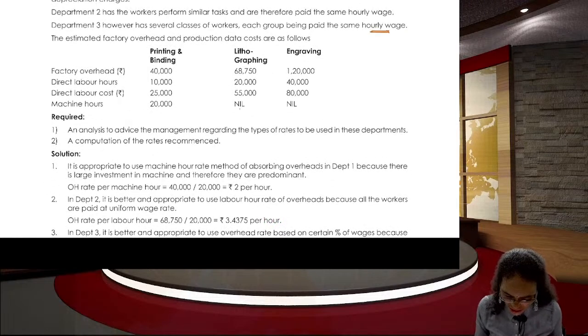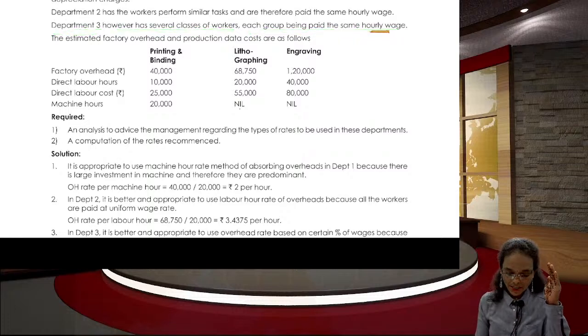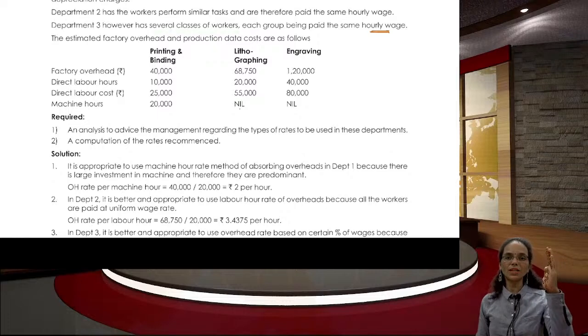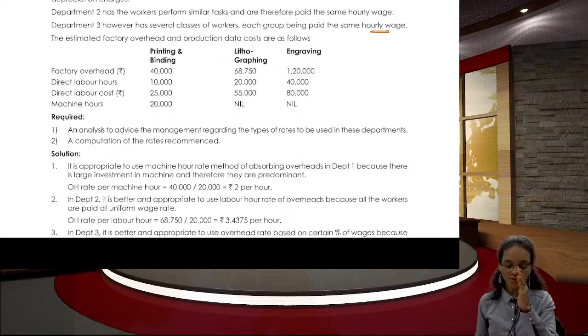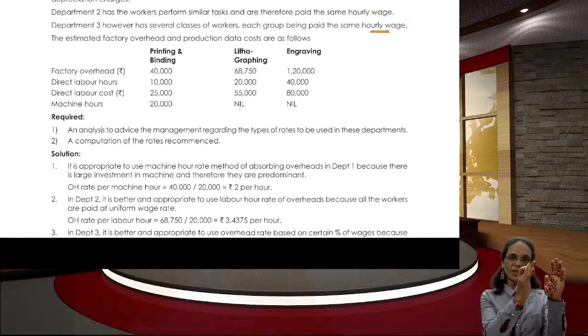And the third one, Department 3, however, has several classes of workers and each group is paid the same hourly wage rate. Several classes of workers, for example class 1, class 2, class 3, or group 1, group 2, group 3, each group of employees is paid the same hourly wage rate.